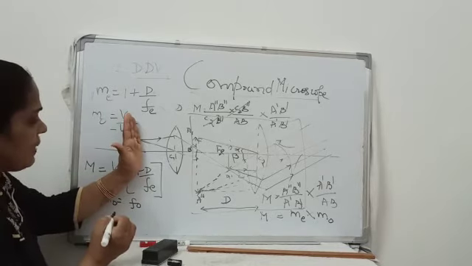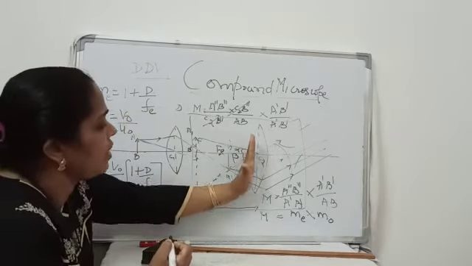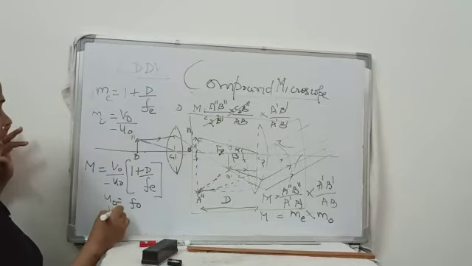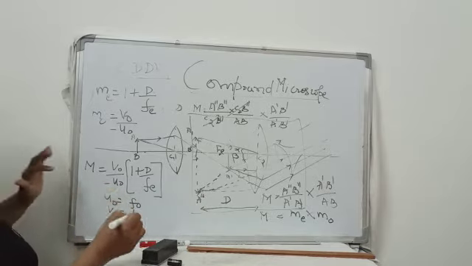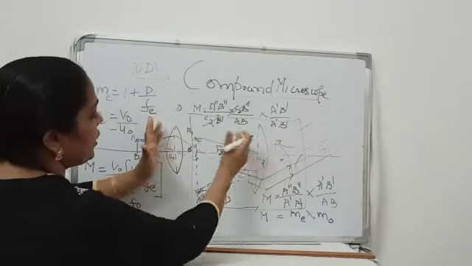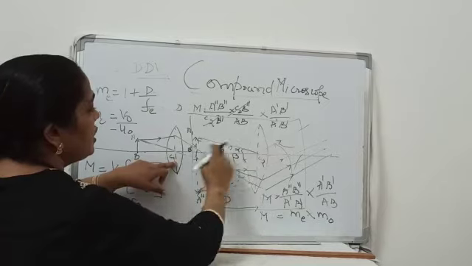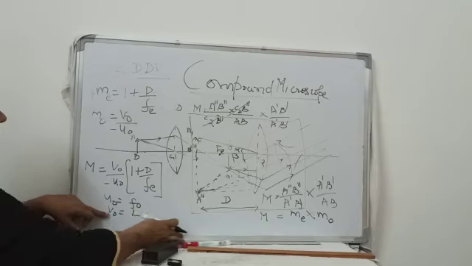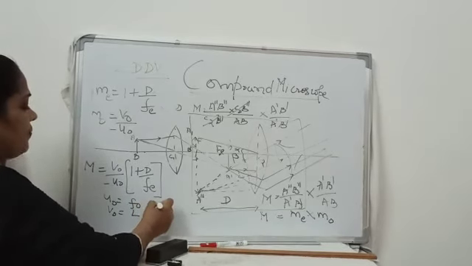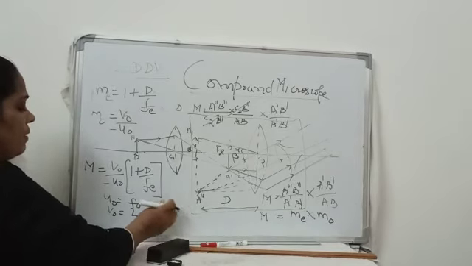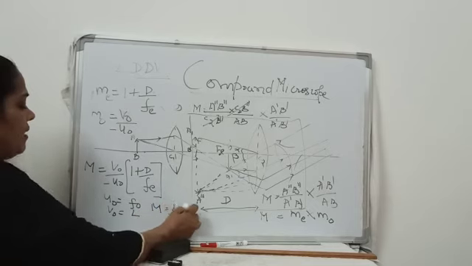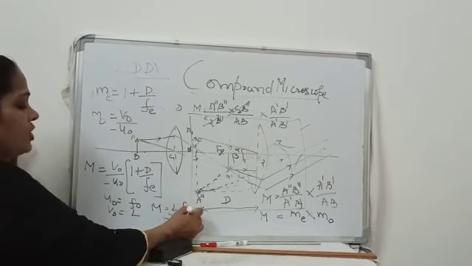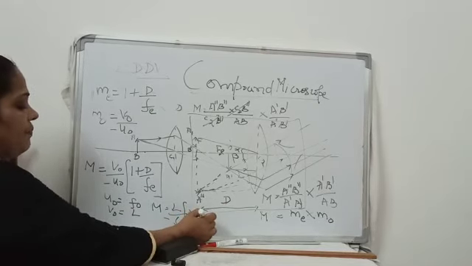So when the object is placed close, the image will lie close to the eye lens. In that case, this image distance V0 can be written as L, where L is the length of the tube, or it is the distance between the two lenses. So we can write this V0 also to be L. So in that case, we get M is equal to, since you have a negative sign, I write it as minus L by F0 into 1 plus D by Fe.